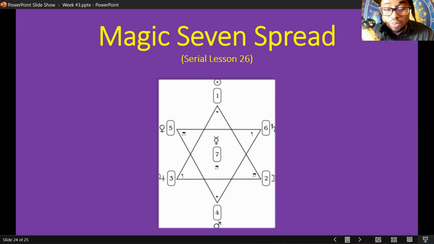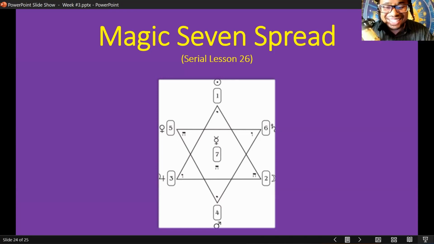So don't panic if you put your cards in these positions and you don't see the lines connecting all of the cards together like you see on this. But if by chance the lines start glowing and you get that triangle right there, tell me about it. I want to hear about that.